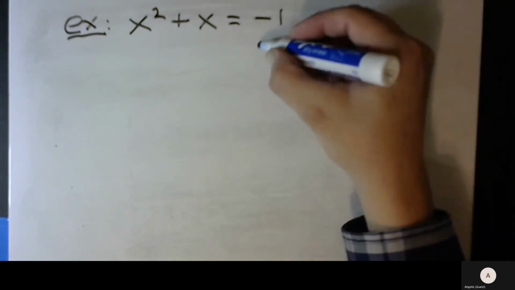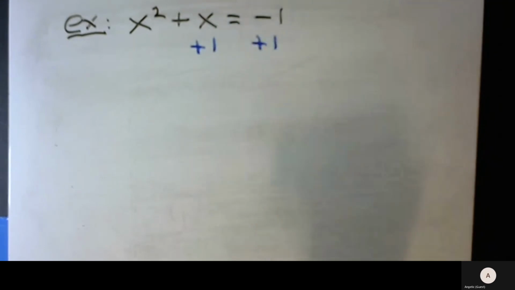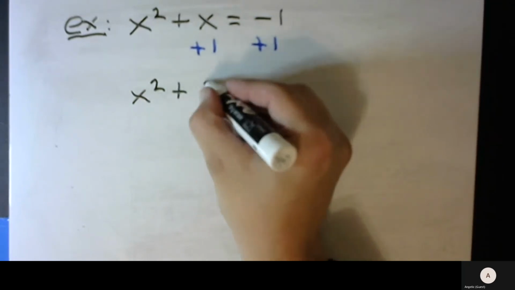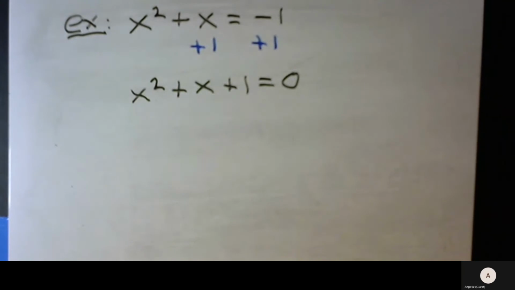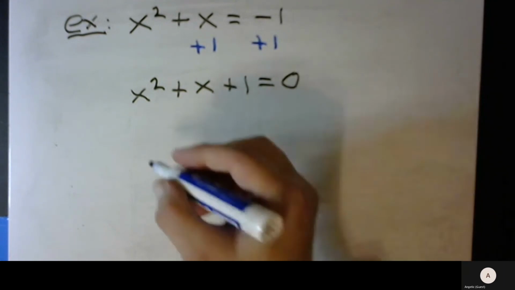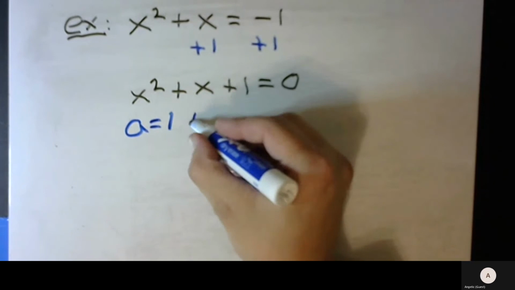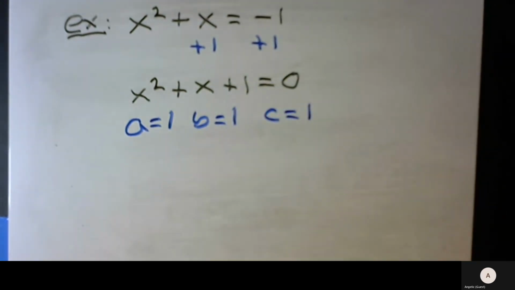So we want to make sure we add 1, which is the opposite of subtracting, to both sides. So we get x squared plus x plus 1 is equal to 0. I want to identify A, B, and C. A is 1, B is 1, and C is 1.